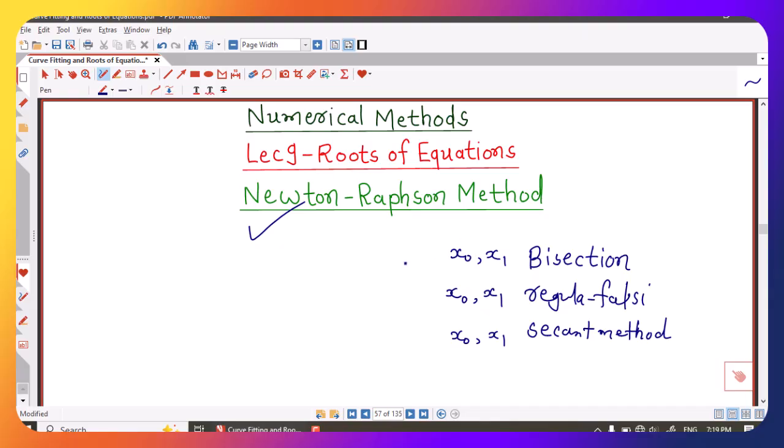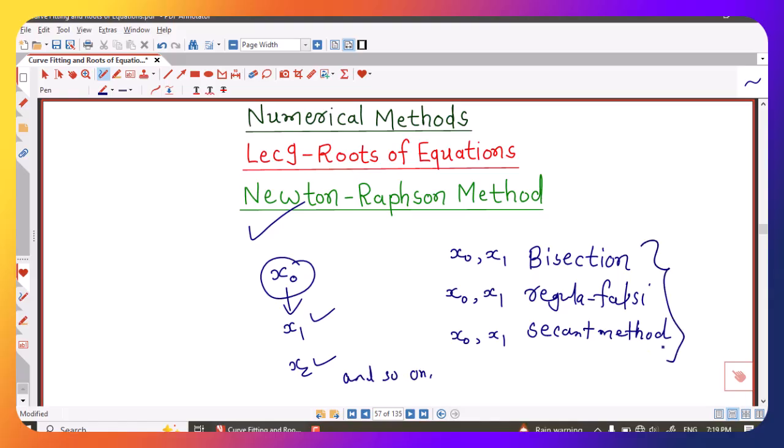In contrast, in Newton-Raphson method we will require only one initial approximation to the root of a given equation, and using that initial approximation we will find out x1, that is the first approximation, then using x1 we will find out x2 and so on. So that is the difference between all these methods and Newton-Raphson method.